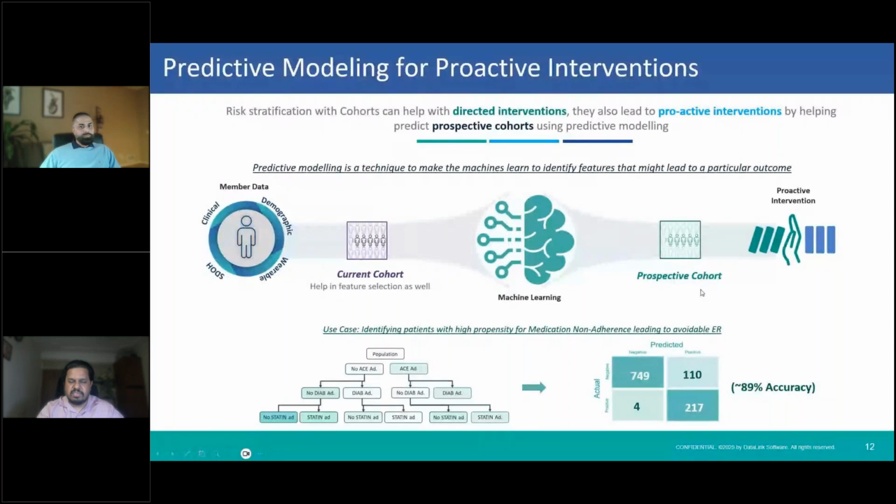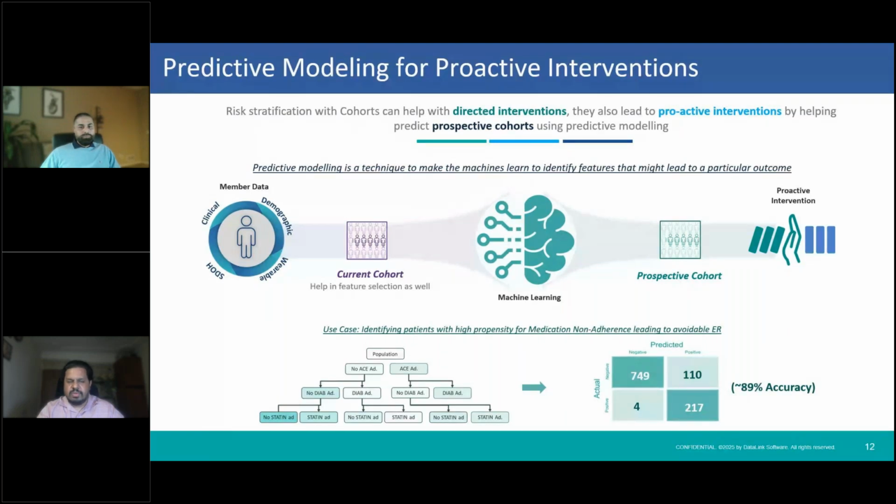And one of the use cases we have below is related to non-adherence cohorts, where we first of all identified the current cohorts who are non-adherent, and then we identified a population of people who are very similar to these current cohort people. They are still adherent, but they have a high propensity of non-adherence, and we identified this with almost 90% accuracy.